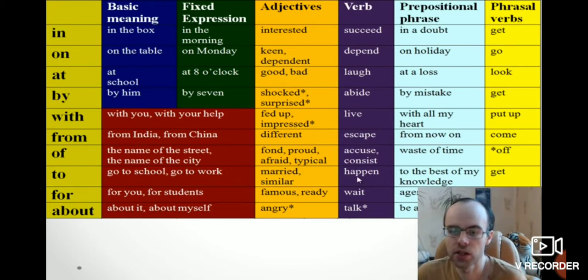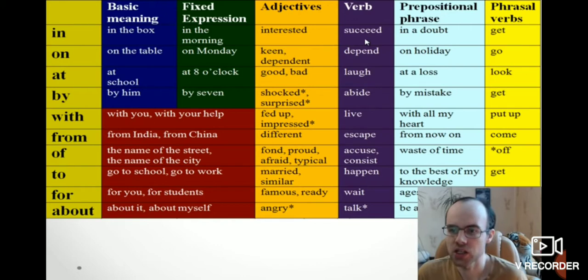For example, listen to me. But what you need to do is the following. When you see a verb and a preposition after it, try to memorize it immediately. Not only the verb, not only the preposition separately, but together. Succeed in, depend on, laugh at, and so on.